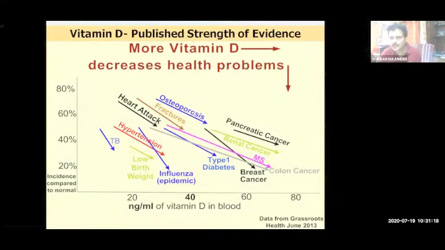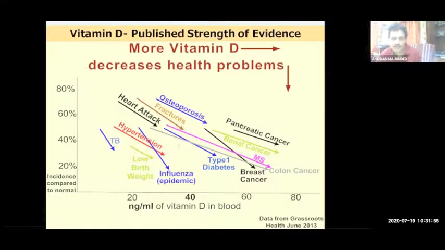So many studies have shown that it can decrease pancreatic cancer, can decrease the prevalence of type 1 diabetes, can decrease heart attack and hypertension, but I don't know whether the evidence is strong enough to use in our day-to-day clinical practice or not, because the guideline has not given much importance as far as the regular use of this drug to reduce type 1 diabetes or to treat a patient with hypertension.